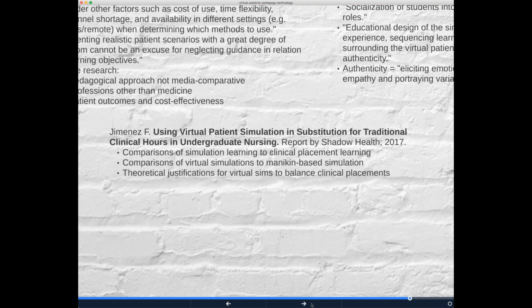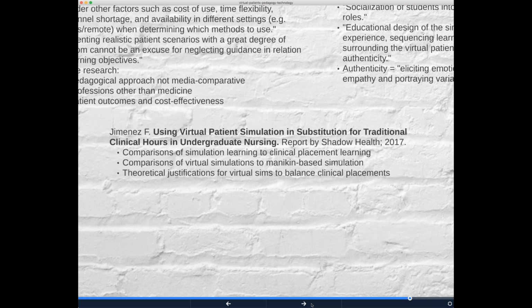It summarizes the literature that exists comparing simulation-based learning to clinical placement-based learning, and how simulation can replace some clinical placement time as part of a hybrid curriculum where your clinical learning is partly done in a sim lab and partly done in clinical placement. And I'm sure most people on this call are probably familiar with that literature.